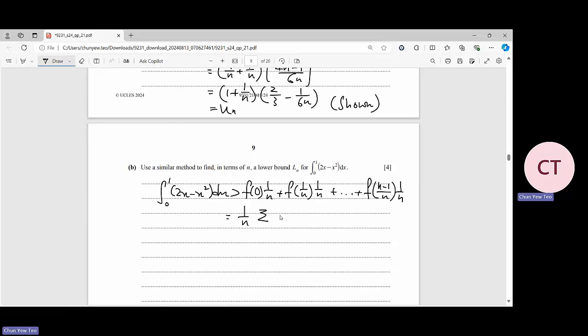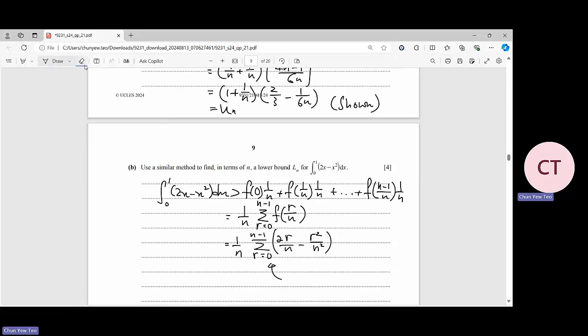So as usual, we just make it become r over n. Your r starts from 0 until n minus 1. So basically same as what we have just now. It's just that we start from a different value and stop at a different value only. Basically the idea is the same. So right here, r equal to 0, this one will be 2r over n minus r squared over n squared. Now, if you want to use this formula, your r cannot start from 0.